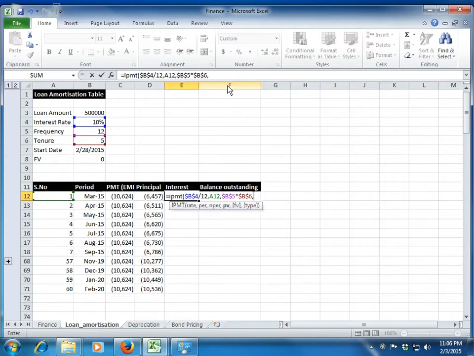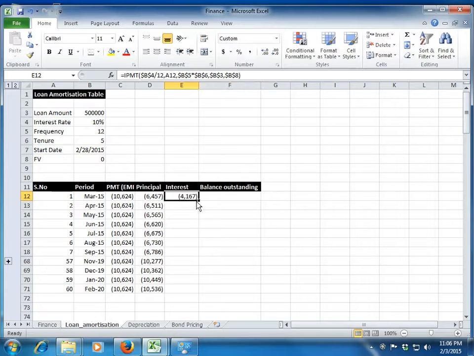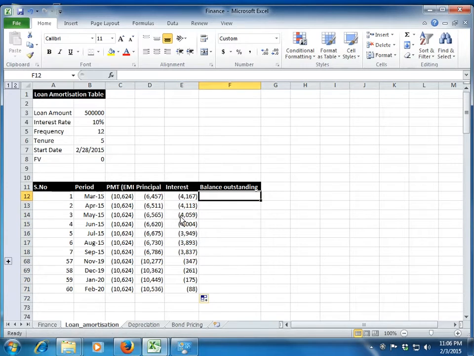I will give it a present value, and finally I give it a future value. I close the bracket and I get my interest component. Again, you will see that the interest component keeps changing. As the months pass, our interest component will keep decreasing because again the balance outstanding is decreasing.